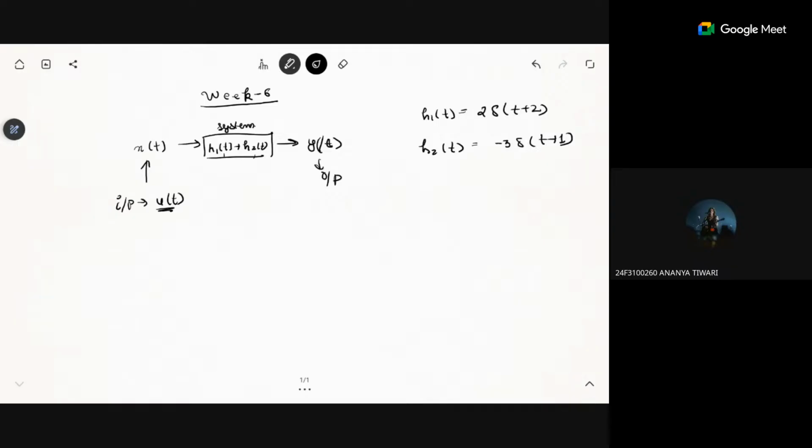So this is your h1(t) and h2(t), and you have to find the energy of y(t). Everybody try for a few minutes and then I will let you know how it is solved.